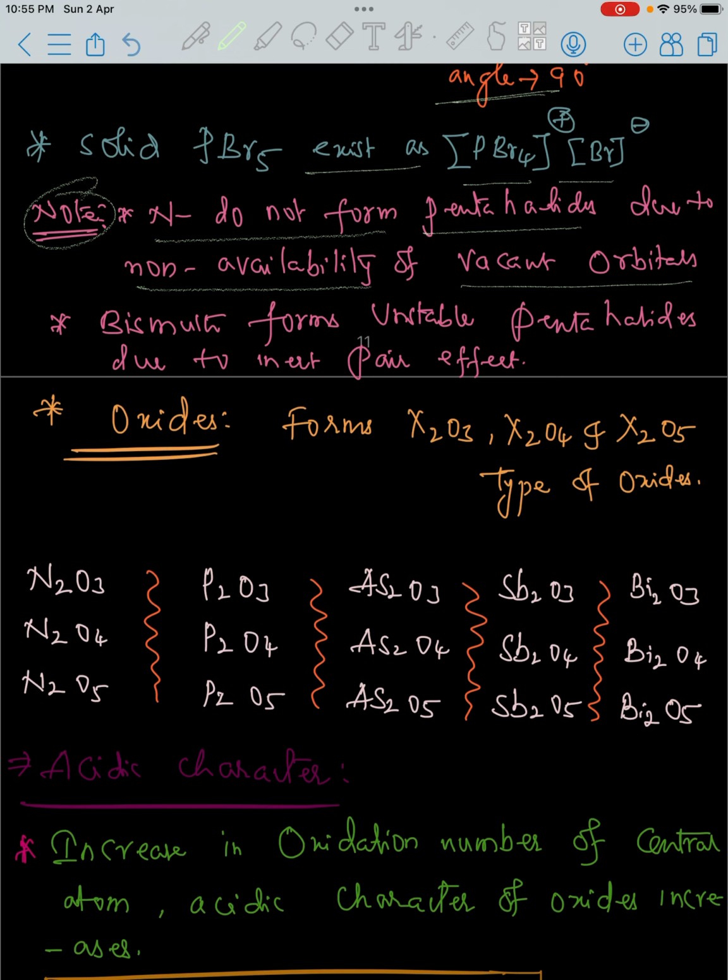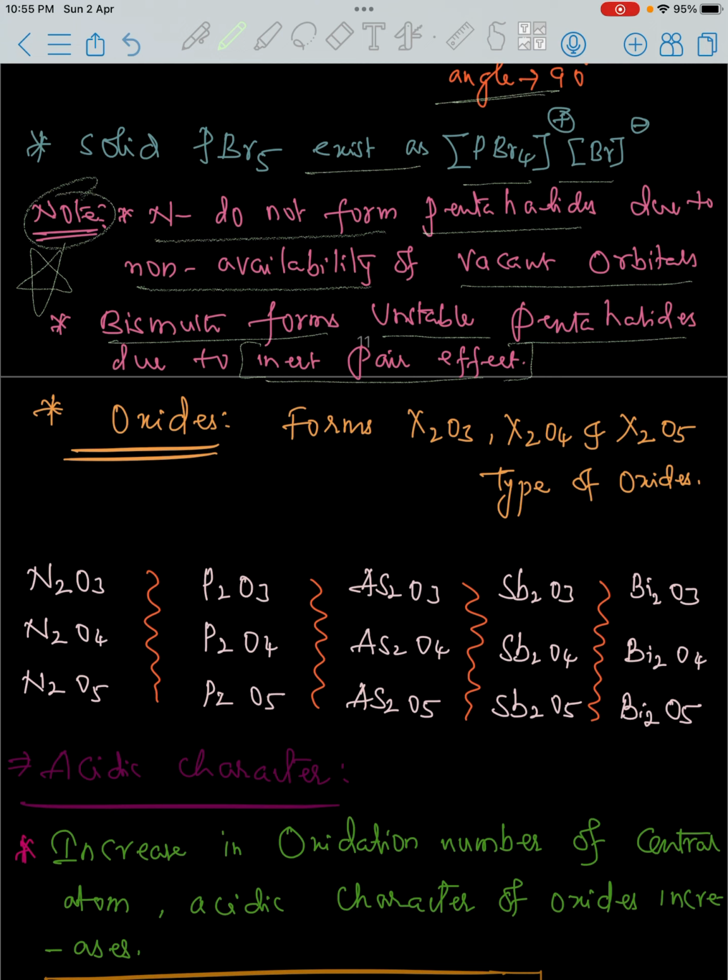Bismuth can form unstable pentahalides due to inert pair effect. Very, very important lines. We know what the inert pair effect is: it's a reluctance of ns electrons.